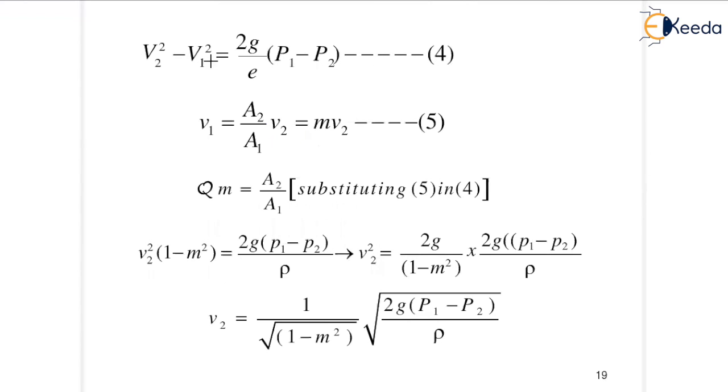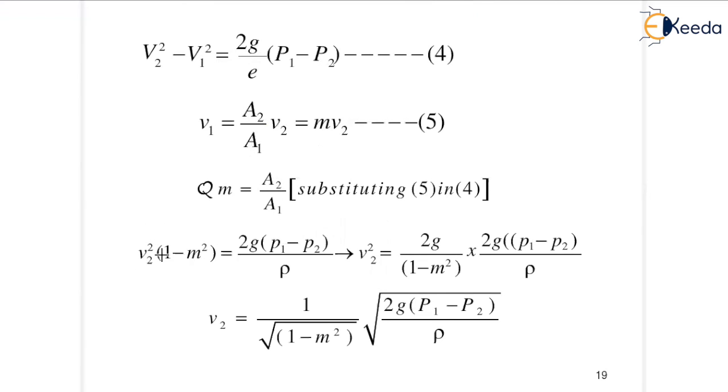Now, if you simplify this, you'll get V2 square minus V1 square is equal to 2g by rho into P1 minus P2. V1 is equal to A2 by A1 into V2, where A2 by A1 is considered as m, so V1 is m into V2. You can write m is equal to A2 by A1.